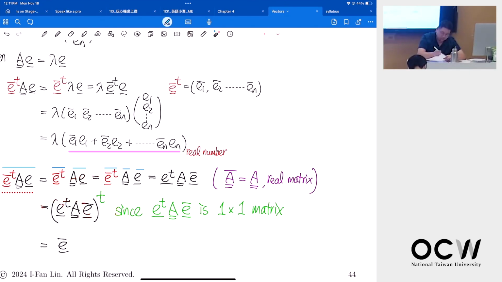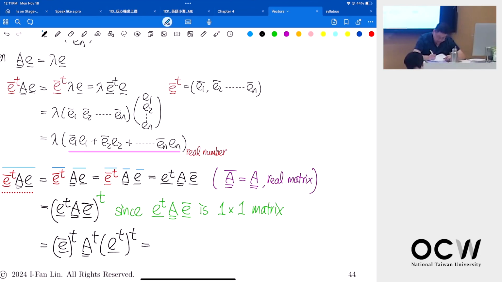So this will be E transpose times A transpose times E conjugate transpose transpose. If I have a transpose and then transpose, they're back to the original one.